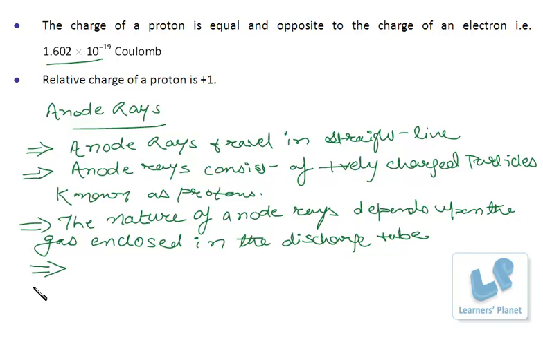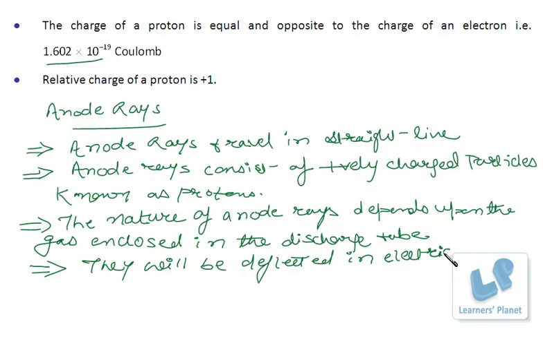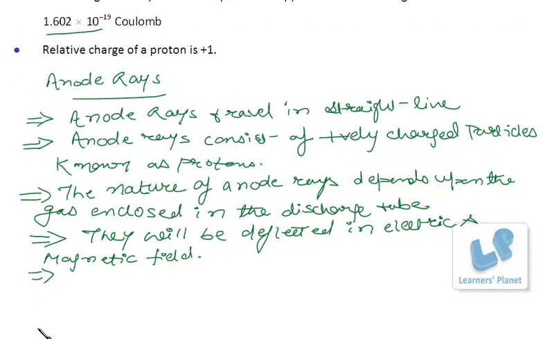Then the anode rays, as they are composed of charged particles, will be deflected in electric and magnetic fields. Now in this case, what is the e/m value? That is the specific charge of anode rays, the ratio of charge to mass.